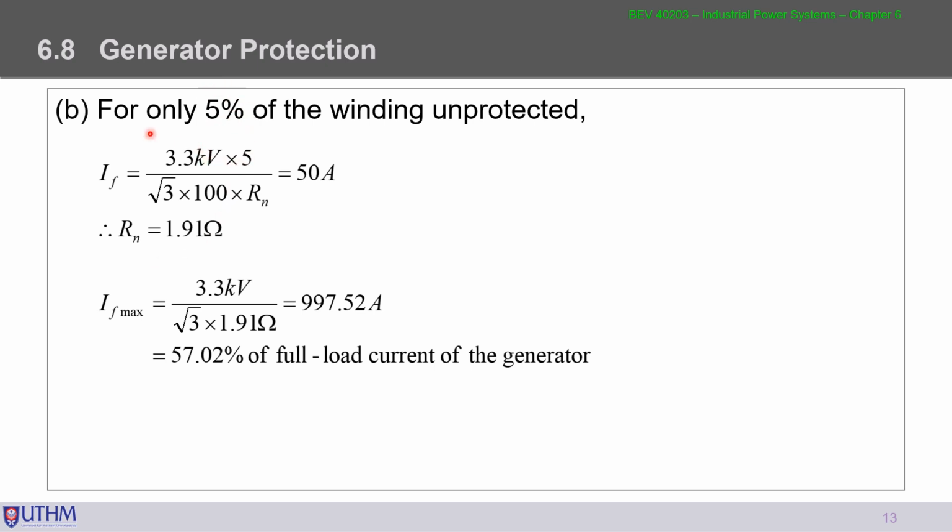By using the IF formula, we multiply by P percent, which is only allowed 5%, so we put the value 5 divided by 100.